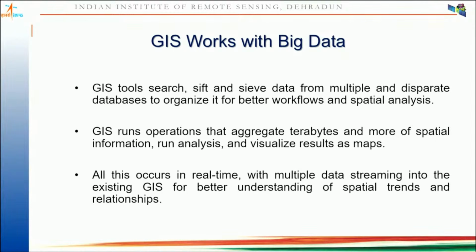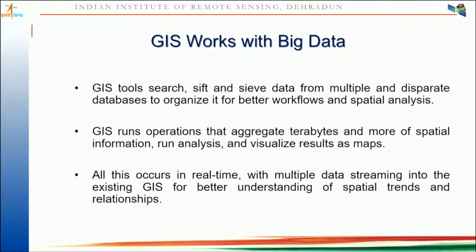GIS runs operations that aggregate terabytes and more of spatial information, runs analysis and visualizes the results as maps. All this occurs in near real time or real time, with multiple data streams flowing into the existing GIS for better understanding of spatial trends and relationships. These are typical examples of the basic characteristics showing that GIS works with big data, and a number of applications can be built using this data.